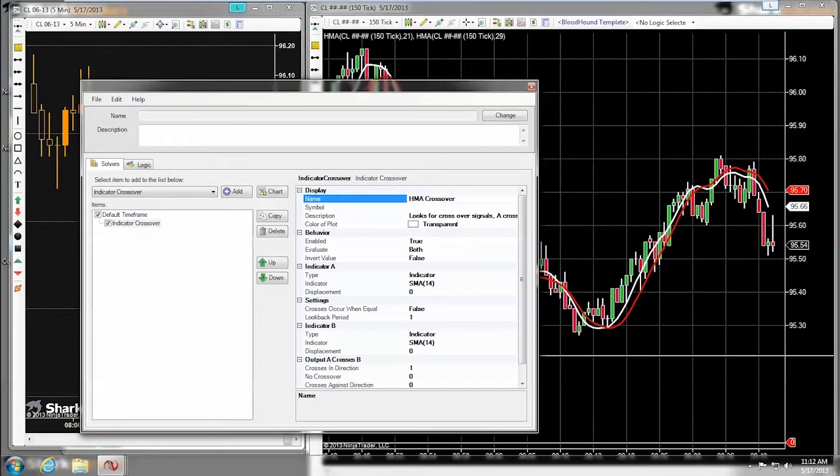Okay, so this is an HMA 21 and 29 crossover.